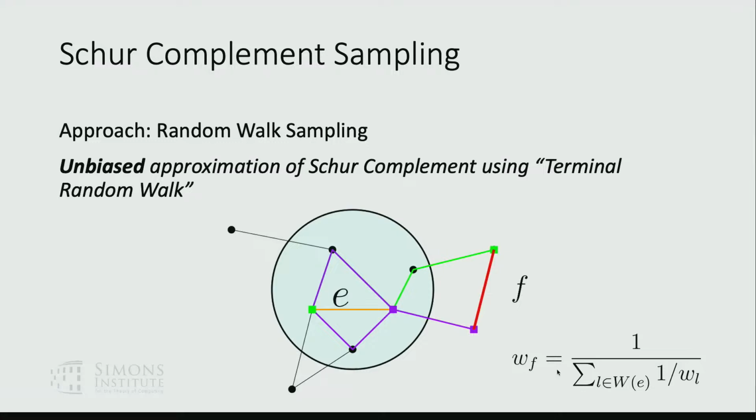I will assign them weights as follows. The weight of the new edge that you're adding is the inverse of the sum of the inverses of the weights. There's actually an electrical interpretation for this. If the entire walk, combining the green, the orange edge, and the purple, you view as a sequence of resistors, with resistance 1 over Wi, then this is the total resistance of the path.